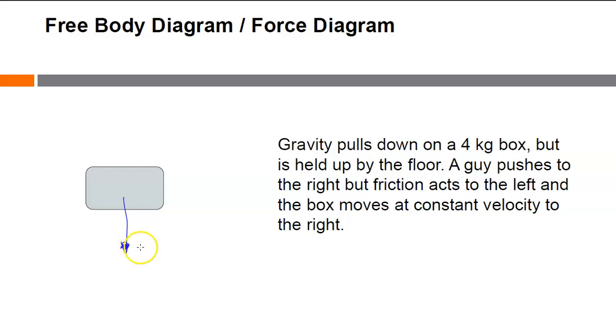Gravity is pulling down. You could either write gravity on that, or like we saw last time, it might just make more sense to put mg and say, well, that's the weight of the box, the force of gravity pulling down due to gravity. I'd probably just put mg on it, be done with it.